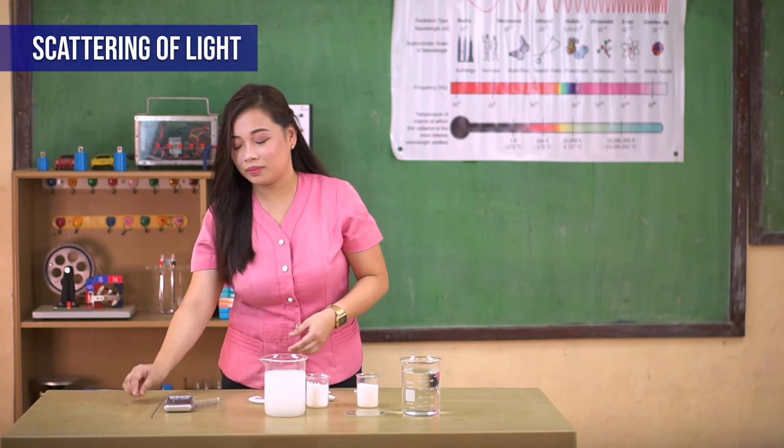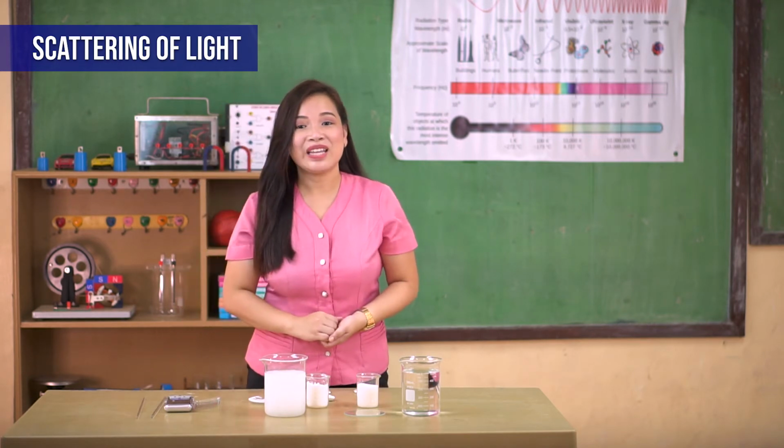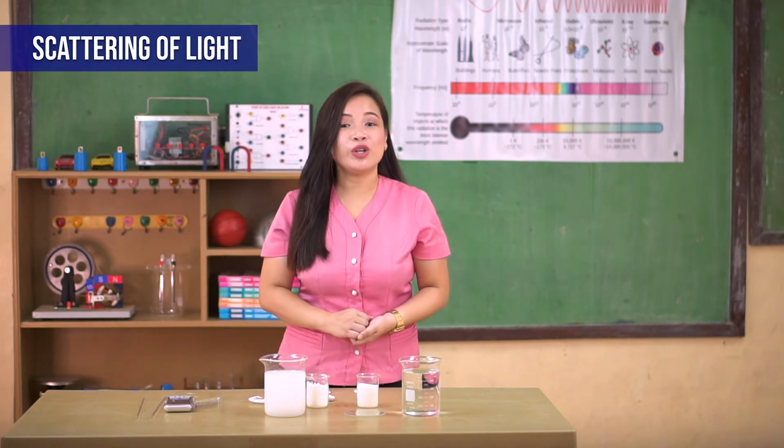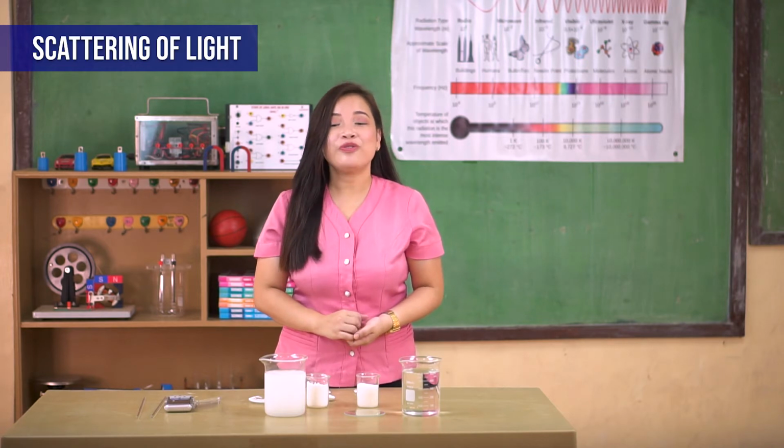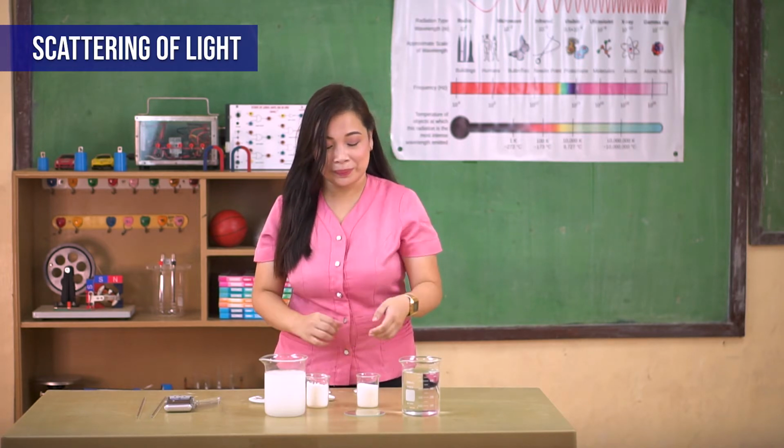Meanwhile, in a separate beaker, let us thoroughly mix 5 grams of sugar to 500 milliliters of water.